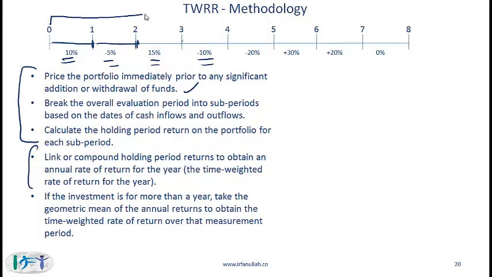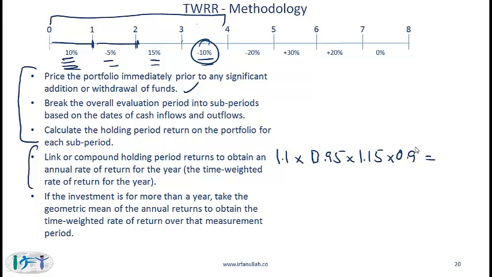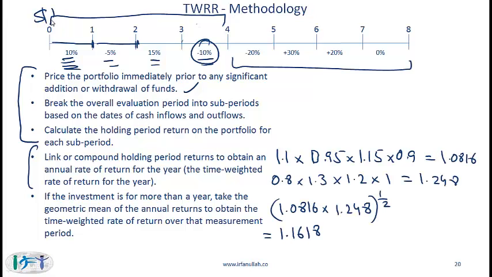year. So if you take year 1, to come up with the number for year 1, we simply multiply 1.1 by 0.95 times 1.15 times 0.9, and this gives us, for year 1, $1 invested at the start of the year becomes equal to 1.0816, and then for the second year we multiply 0.8 by 1.3 and so on, and we have 1.248 for the second year.